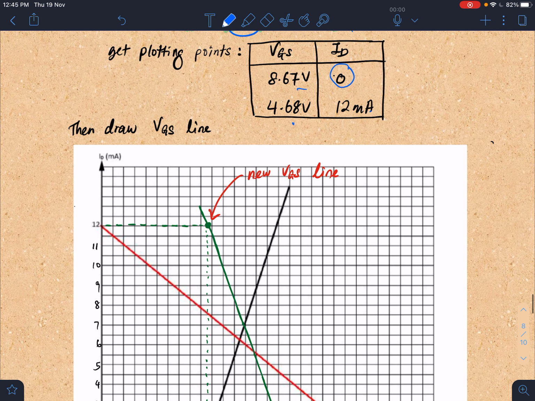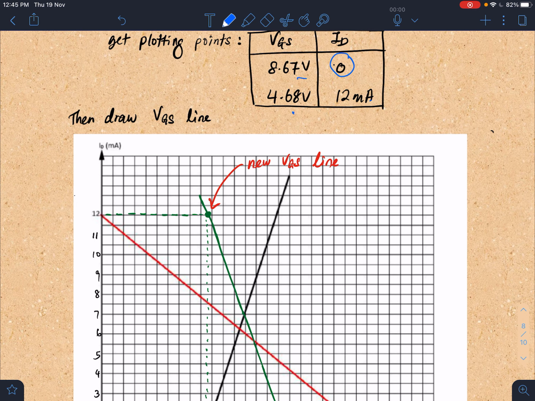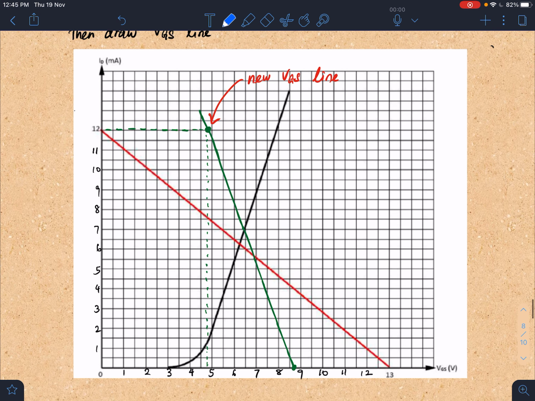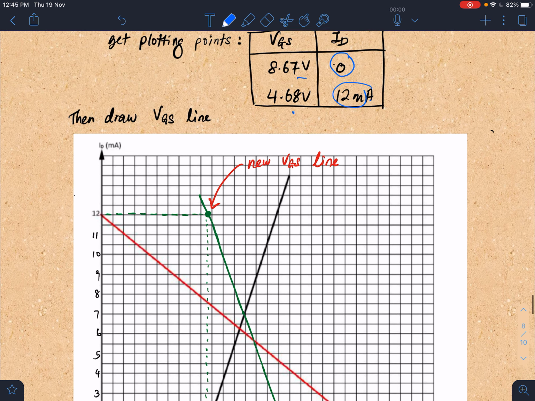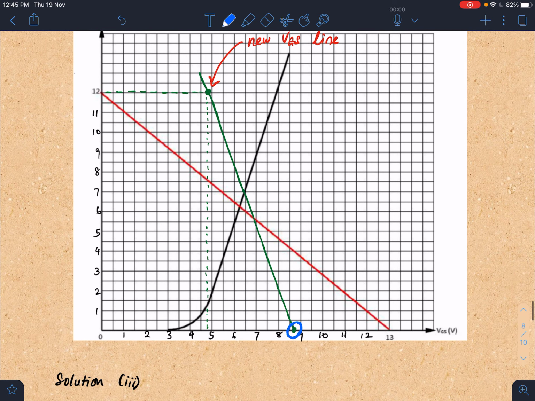I plot these points. The first point is when ID equal to 0, VGS is 8.67 volt.